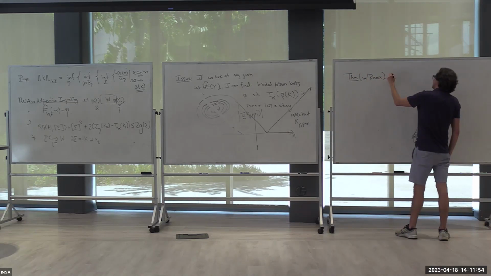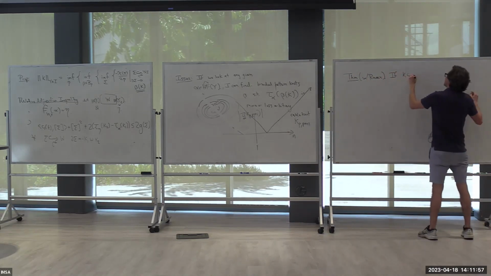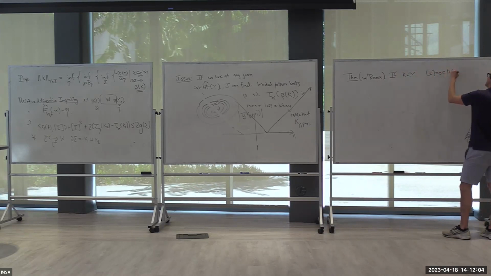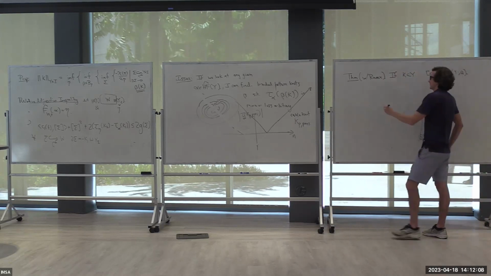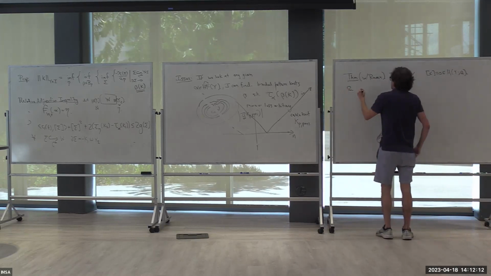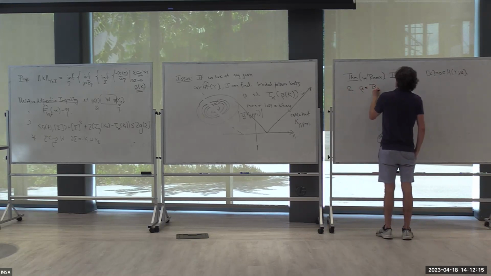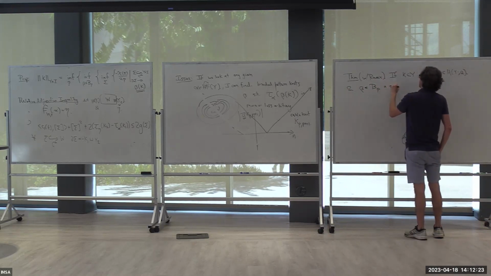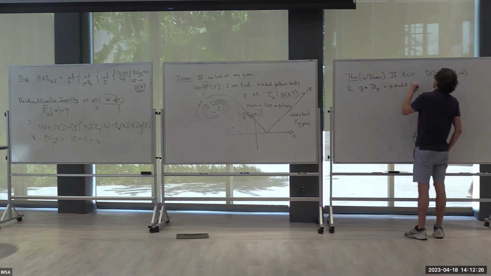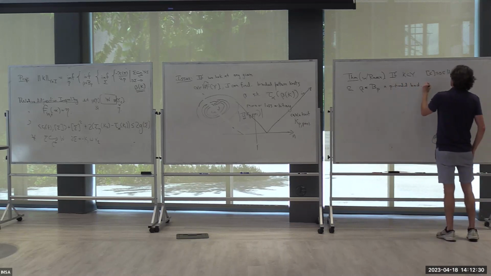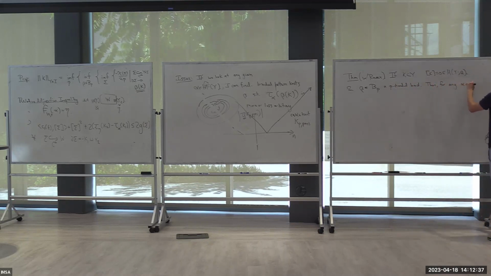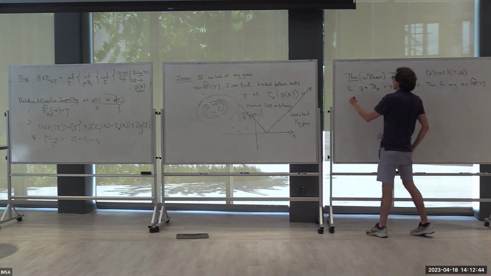If K is a knot in Y, a rational homology sphere, and beta is any braid in the p-stranded braid group, then for any non-trivial class alpha we have this inequality.